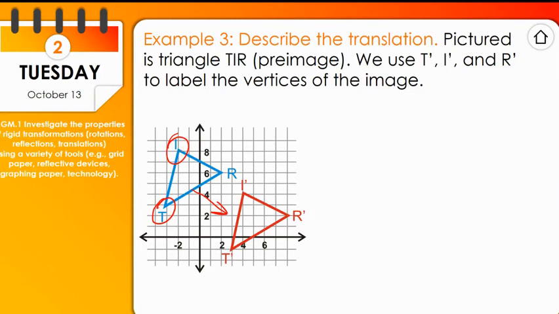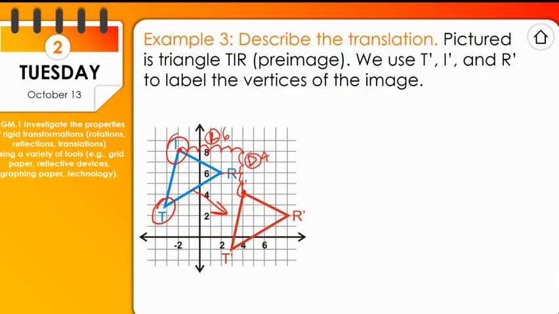And again, from I, we're going to go 1, 2, 3, 4, 5, 6. This vertex, I, we know matches to I prime. Then we go 1, 2, 3, 4, right 6, down 4.